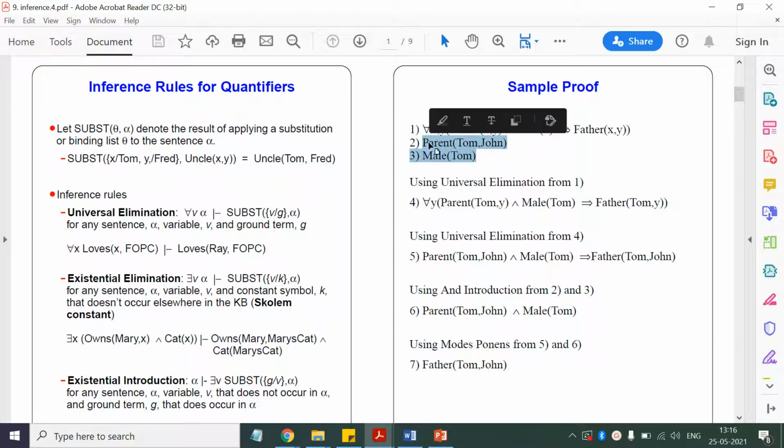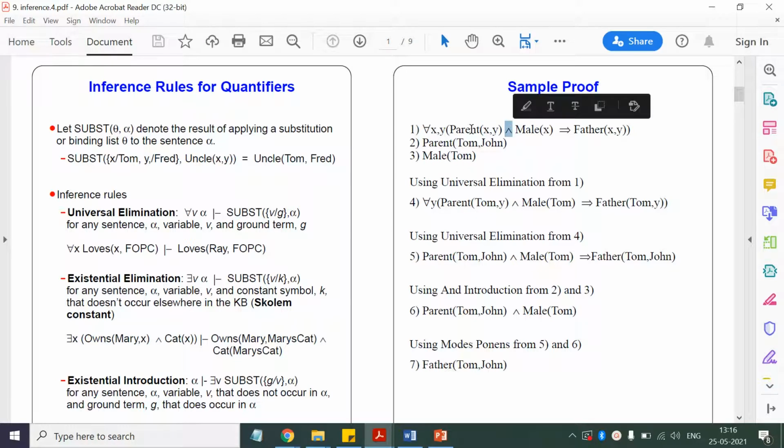First you try to understand the given facts. What is given? For all x y, parent x y, so x is a parent of y, and if x is a male, then we can say that x is a father of y, which is true, right? So x can be female also, right?